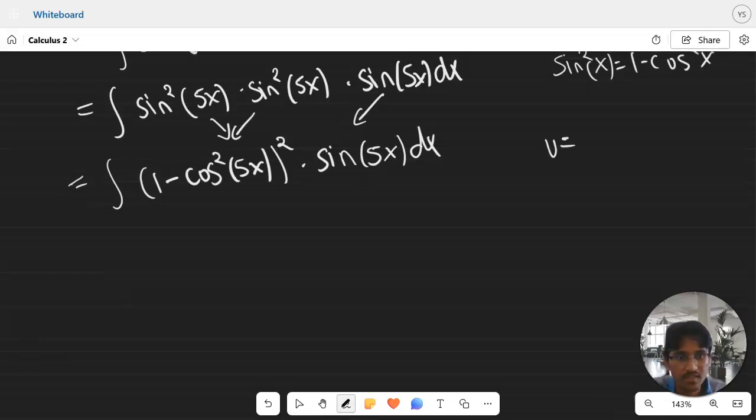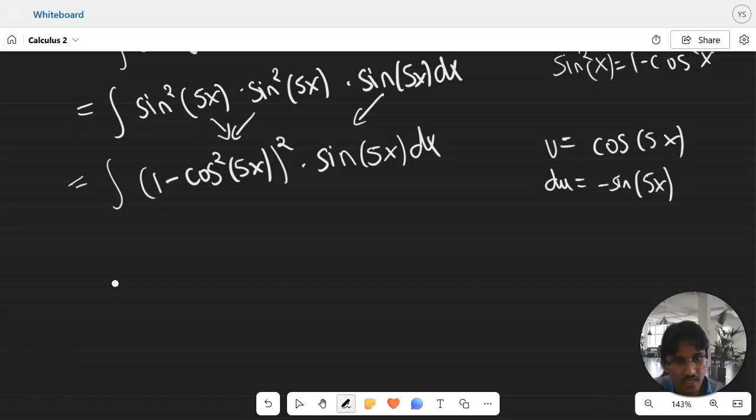Now what we could do is u sub. Let's go to the side and say u equals cosine of 5x. du is then going to be equal to the derivative. First, we're going to do the outside, which is going to be negative sine of 5x. Don't forget, negative sine of 5x.